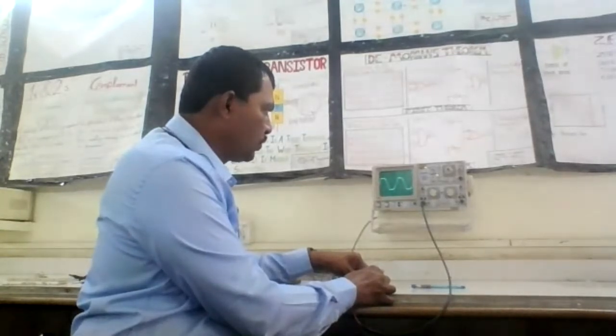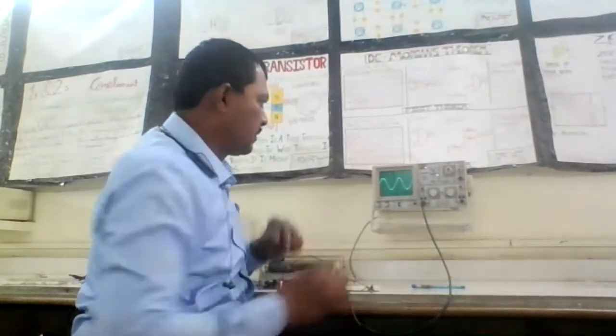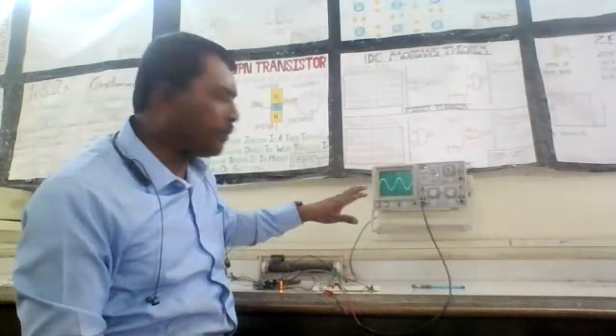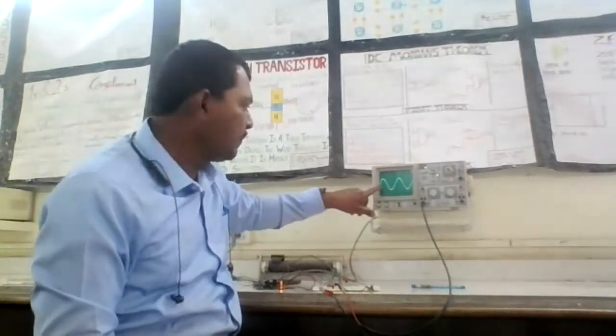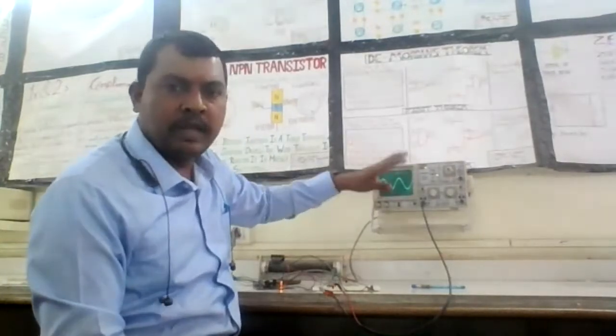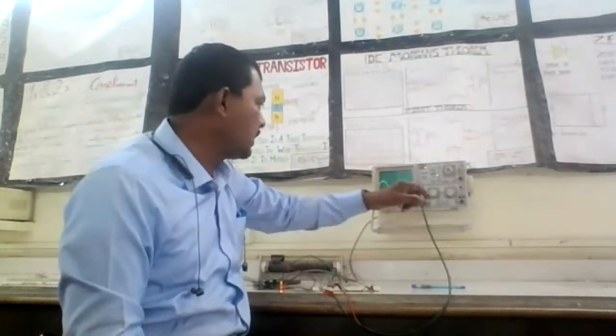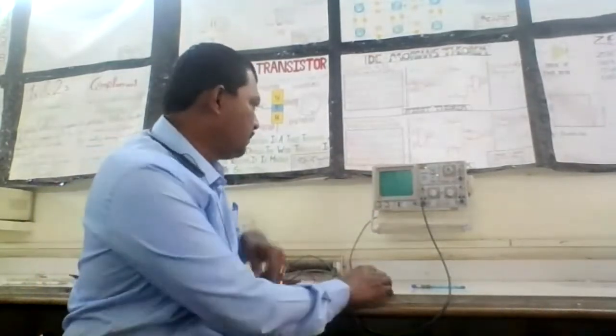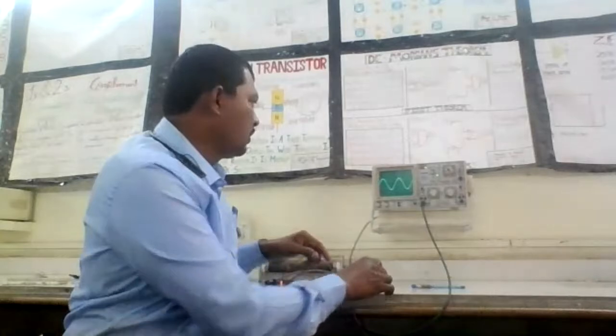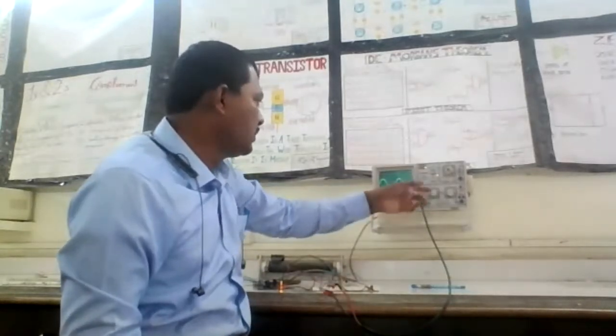So we don't know exactly where we'll be having the Barkhausen criteria, right? So I guess it is a pure sine wave which is appearing over here. So we can measure the value of time and then we'll convert that into frequency. For that, I guess we have put it on 0.1 division, right?